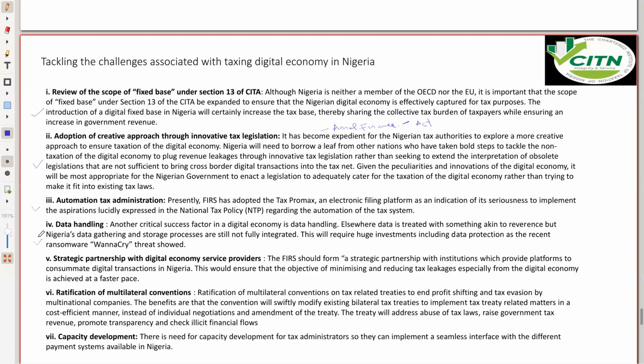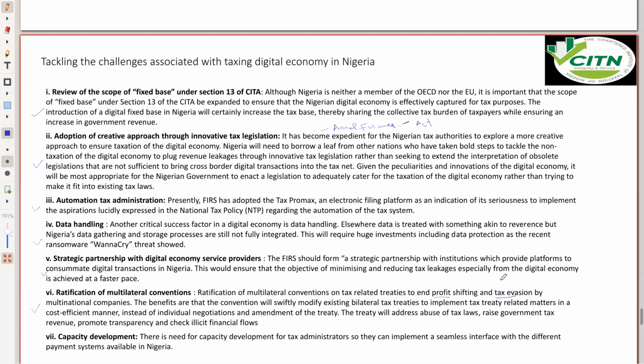If we don't have access to what they are earning, how do you want to tax it? That makes it difficult. Strategic partnership with different digital economic service providers is another way. Then the ratification of different agreements, multilateral treaties, conventions and tax treaties, just to ensure that we're able to reduce the possibility of profit shifting and tax evasion.